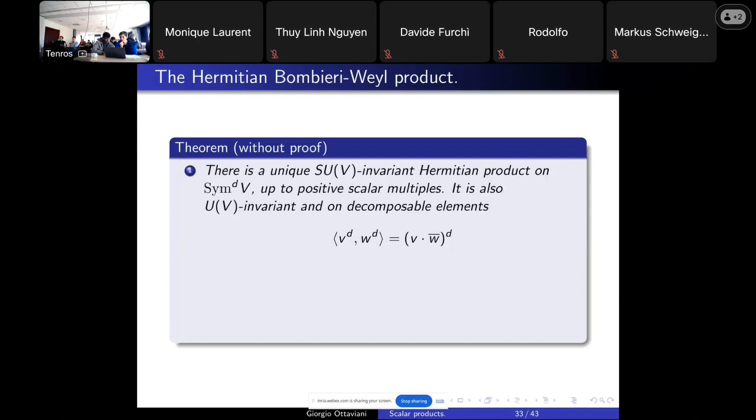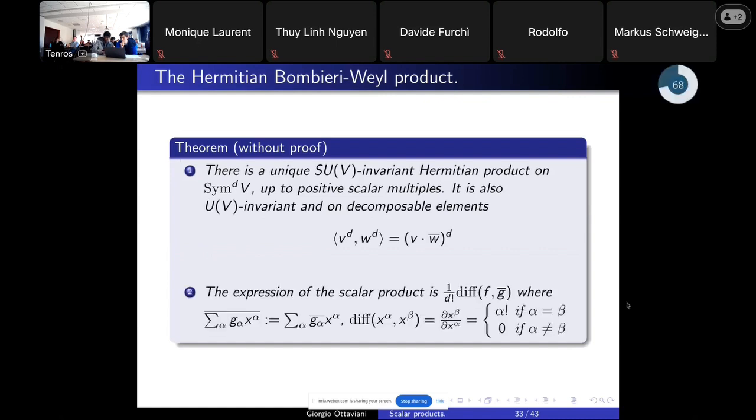Now, at slide number 33, I satisfy the question that arrived in the first minutes. You see that you can define a unitary invariant product. I think I already commented on this, and there is some technicality here about the conjugate, but it's quite natural.